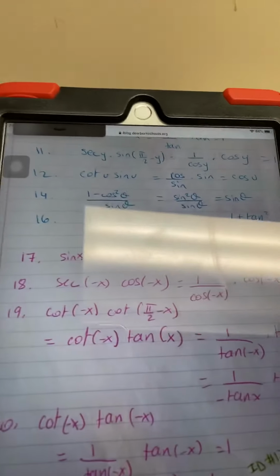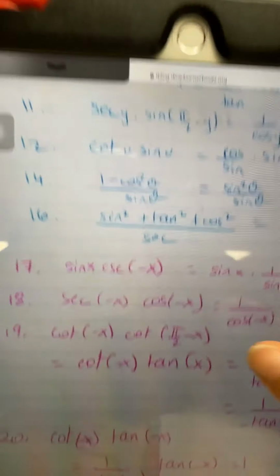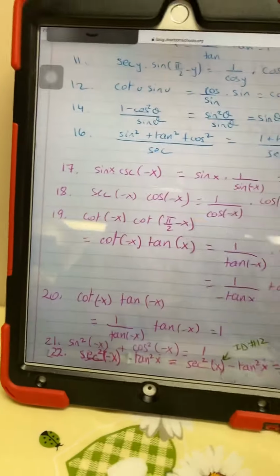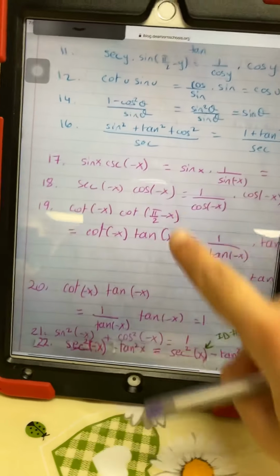I lost this. Rotate it so we can have a better view of the problem. Okay, let me see if this looks better. We're on number 18. I'm trying to figure out things to make it a clear video. We are on number 18 again.